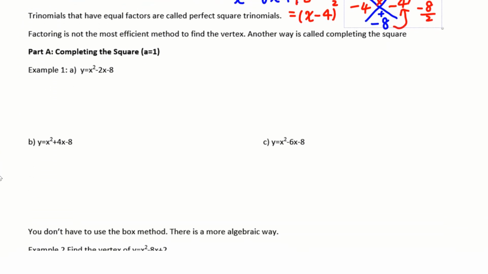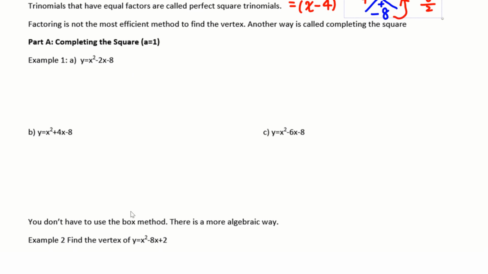to convert the standard form to vertex form. So this is an example, x squared minus 2x minus 8. We want to focus on the first two terms, x squared minus 2x. Then we want to go backward. Added together is negative 2, and we want to find which number we could put here to get a perfect square.